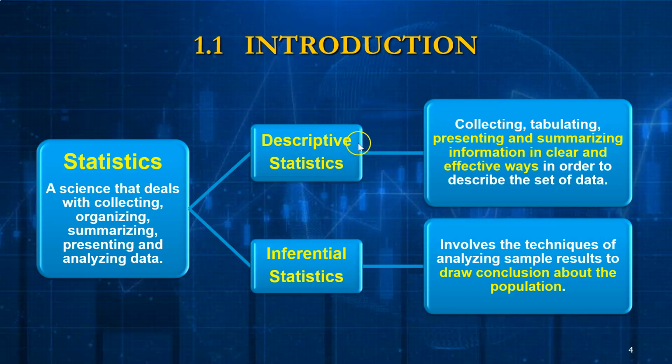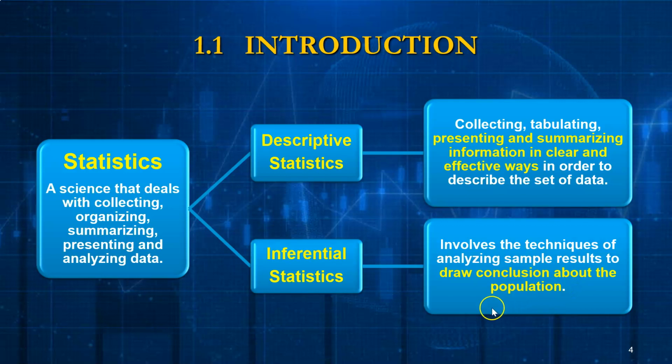Descriptive statistics is collecting, tabulating, presenting, and summarizing information in clear and effective ways in order to describe the set of data. And inferential statistics involve the techniques of analyzing sample result to draw conclusion about the population.